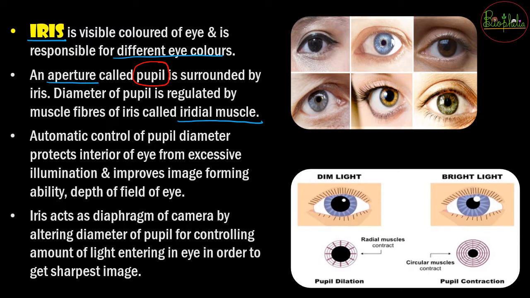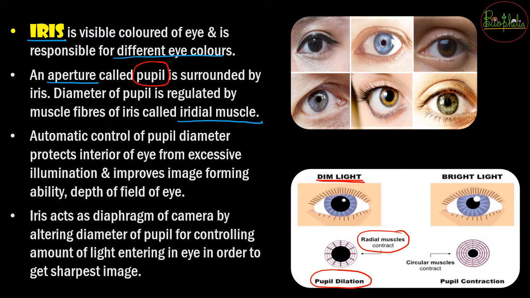Here you can see in the image, when the muscles contract, there is pupil dilation. Pupil dilation happens during dim light, because in dim light you need more light rays entering inside to form an image. So during that time the aperture is increased, the pupil becomes bigger.